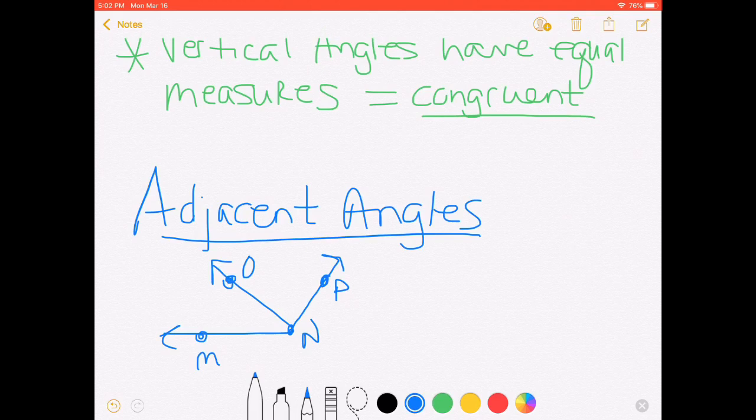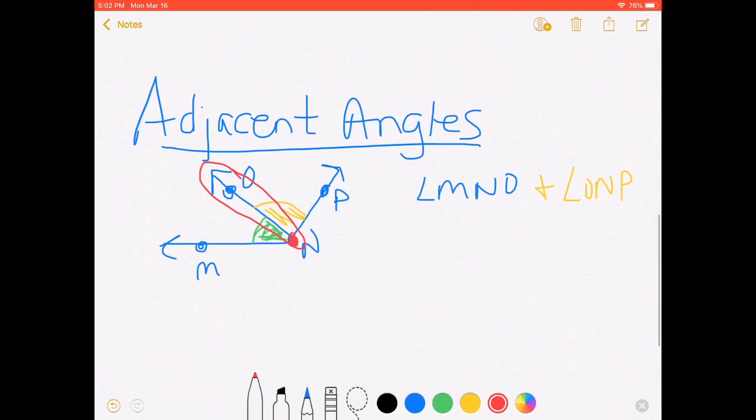So we have angle MNO, which is this angle right here, and then we also have angle ONP, which is this angle right here. So angle MNO and angle ONP are adjacent angles. They have this common ray or side, and this common vertex. That's how you know that they are adjacent angles or next to each other.